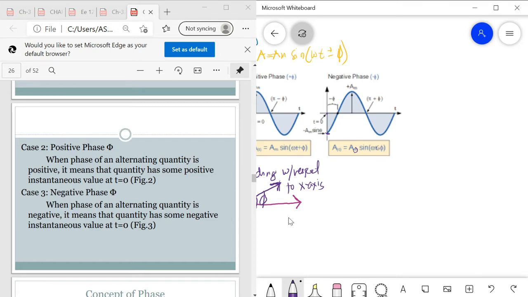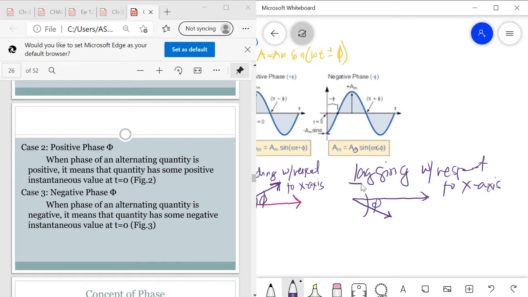So the vector diagram of this one will look like this. This is our x-axis and the sine wave will be here. So this one is our angle phi. Okay, so the term here naman is lagging. This vector lags behind our reference, lagging, with respect to x-axis.